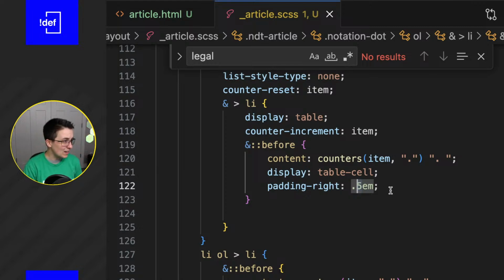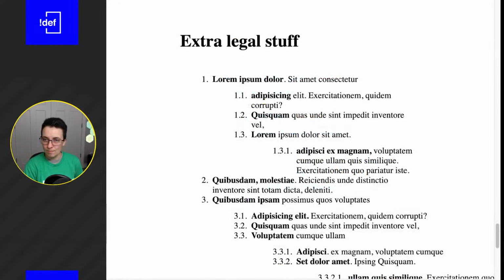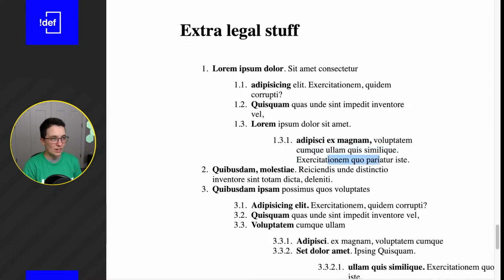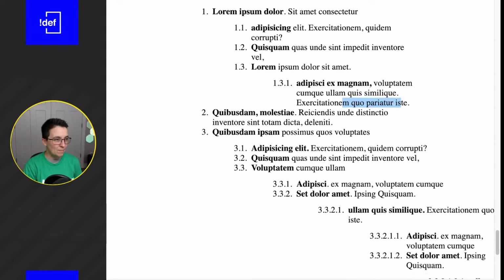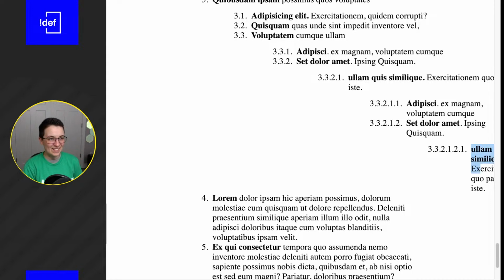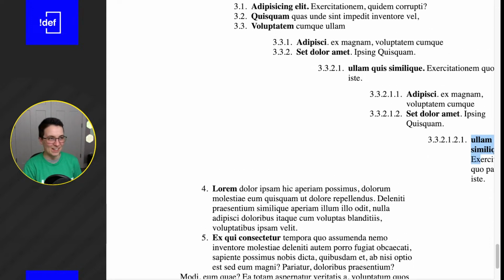And then the last thing is we want to take care of some of our spacing, because, yeah, again, we're still getting this problem. And this one gets a little bit crazy because of that table.